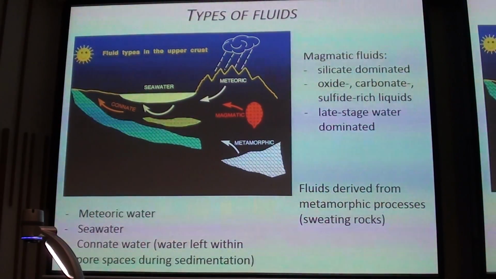When the rock is undergoing metamorphism, it starts to sweat and release fluids that are rich in metals, which can then migrate and precipitate the metal cargo somewhere. And also we have other types of waters, such as meteoric water, seawater, and connate water, which is the water left within pore spaces during sedimentation.